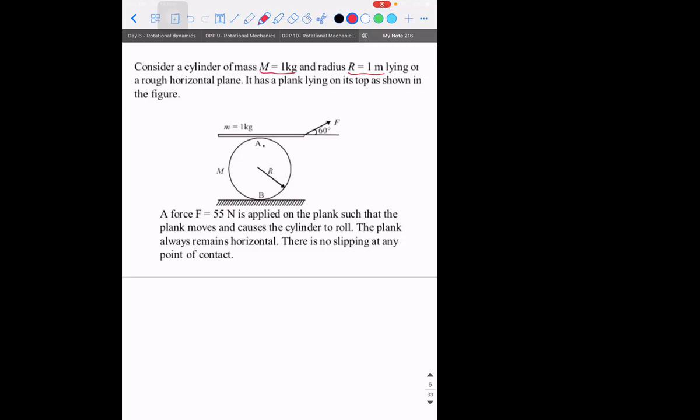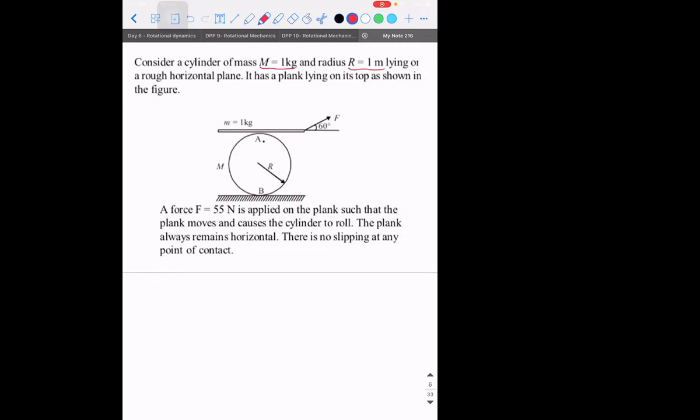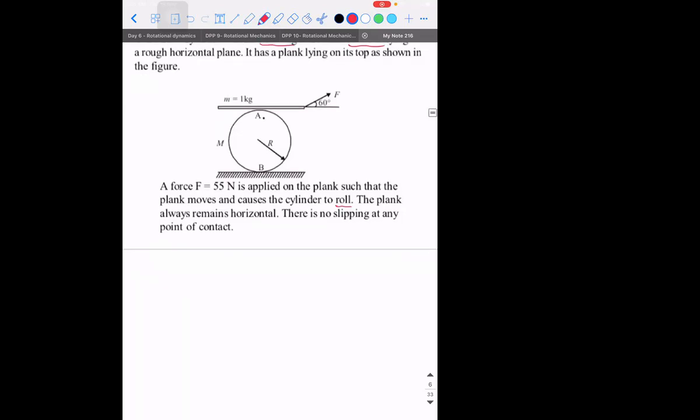Between the plank and the cylinder, which is also put into rolling motion. The cylinder starts rolling. Rolling means it has a velocity also associated with it. The plank always remains horizontal. There is no slipping at any point of contact. How do I proceed?